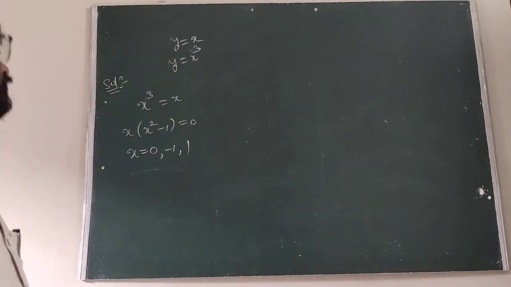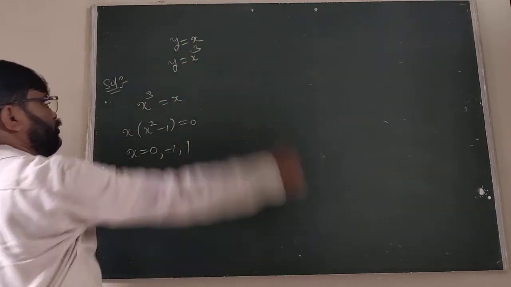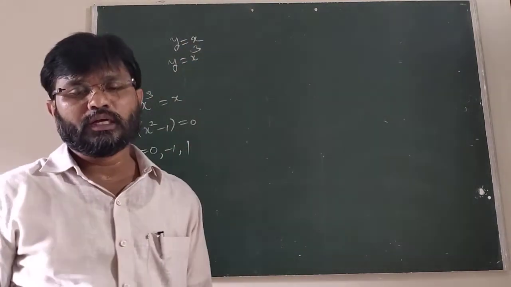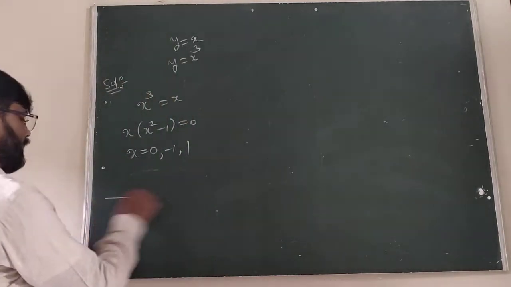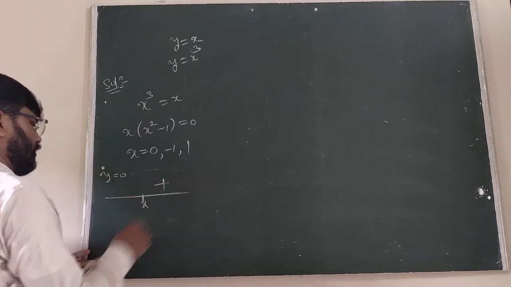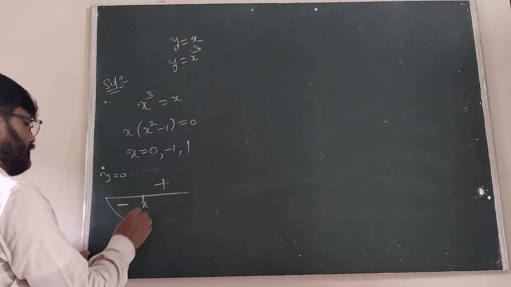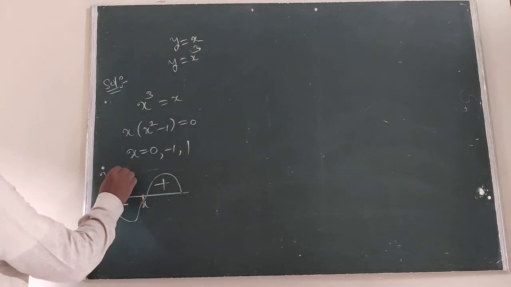So students, here x equal to 0 is there. Undoubtedly, when we take the number line for y equal to x, x above 0 is positive, x below 0 is negative. This is the wavy curve method, by the graph of y equal to x.